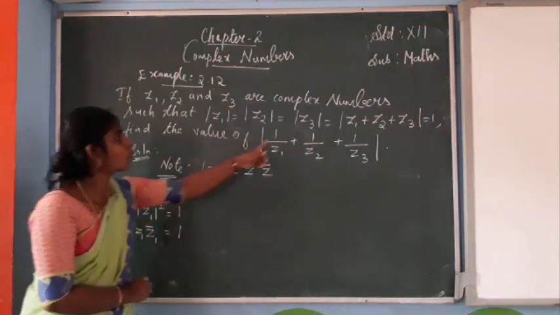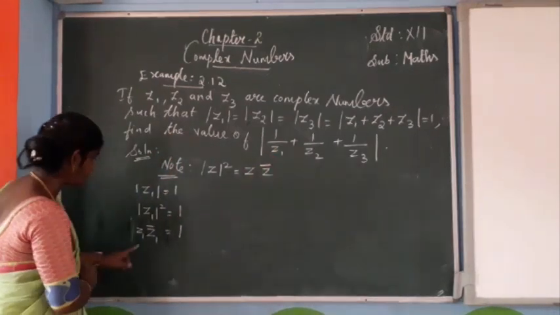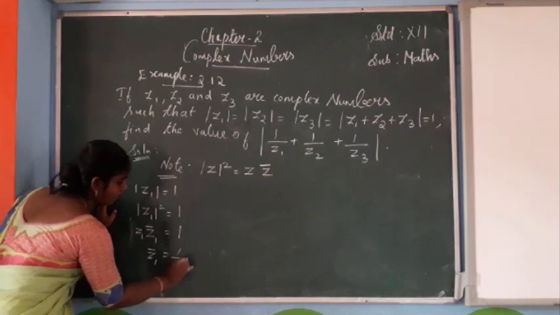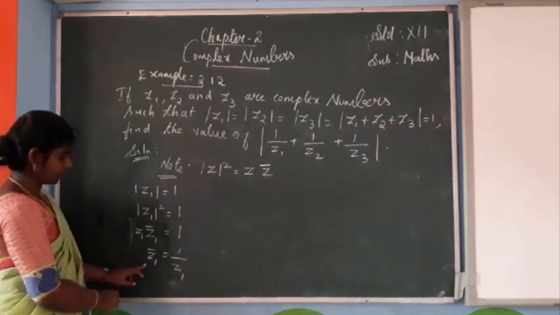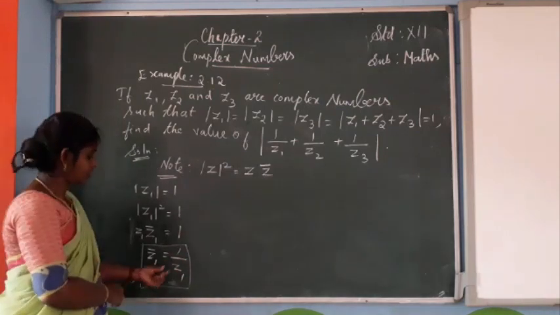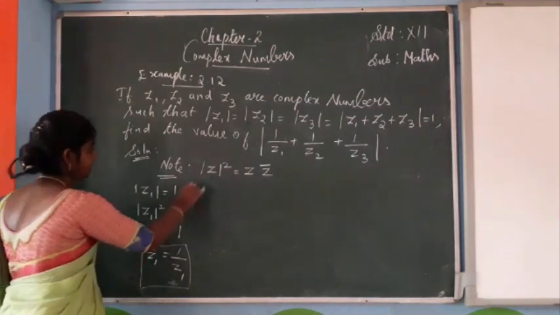We have to find the 1 by Z1 value. So Z1 bar is equal to 1 by Z1. This is for the first case. So 1 by Z1 is equal to Z1 bar.